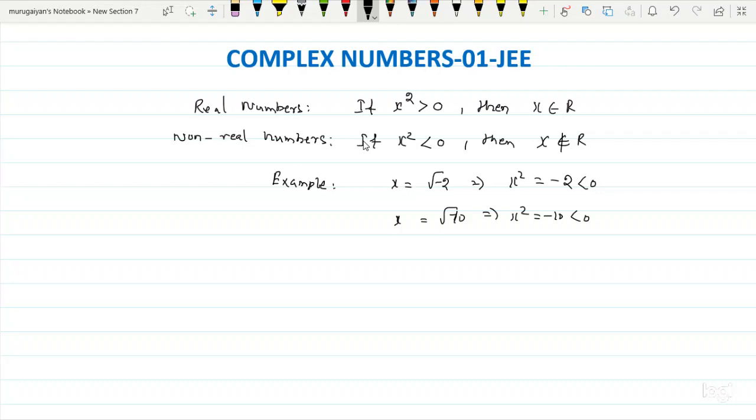That's why the square root of any negative real number cannot be a real number.